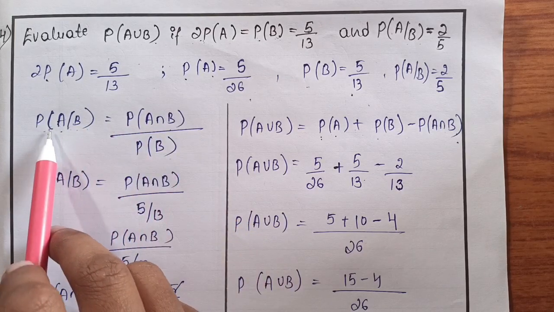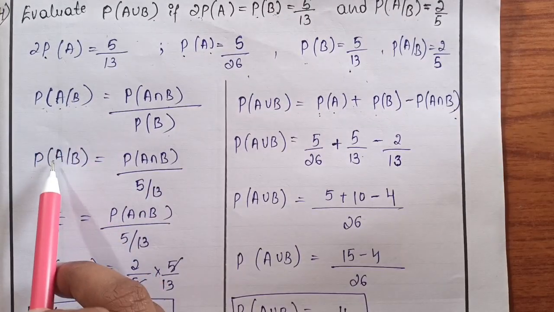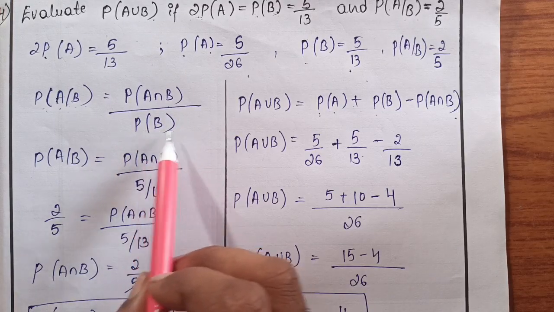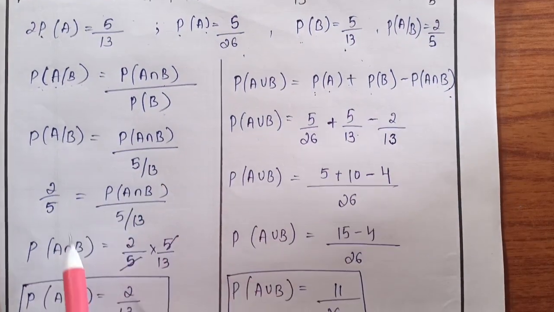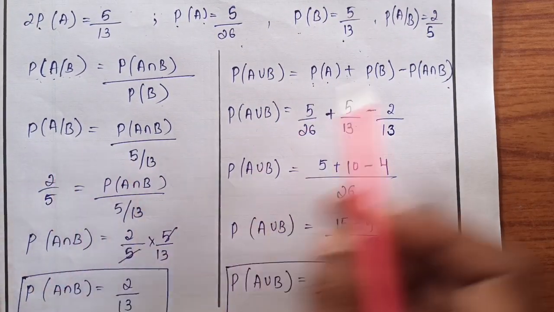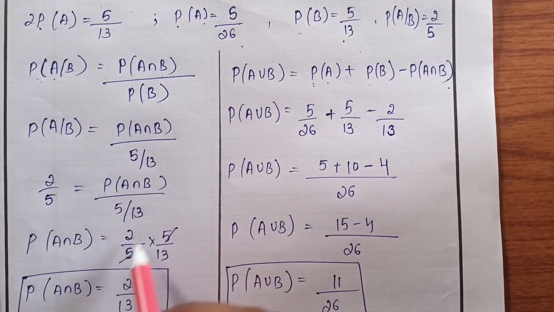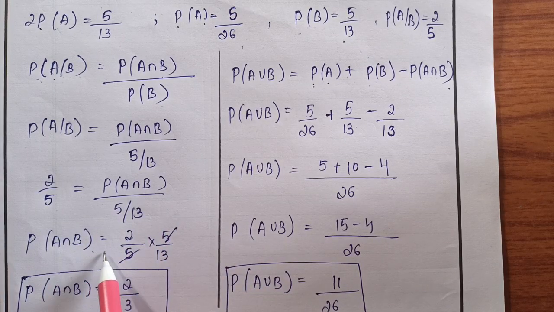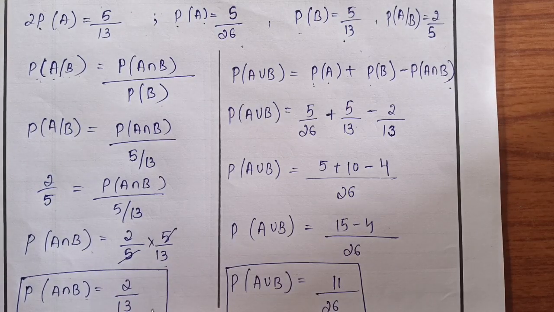Because the value of probability of A by B is given. Probability of B is 5 by 13 and probability of A by B is 2 by 5, so 2 by 5 equals probability of A intersection B divided by 5 by 13. This becomes probability of A intersection B equal to 2 by 5 into 5 by 13. 5 cancel, so 2 by 13 is the value of probability of A intersection B.